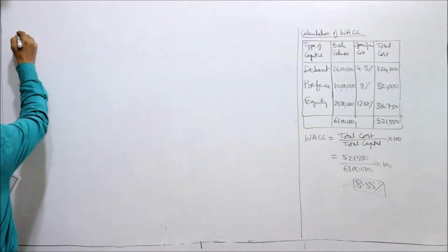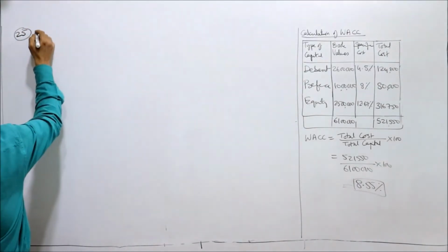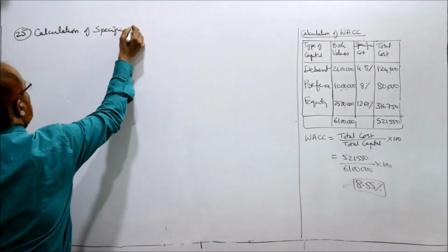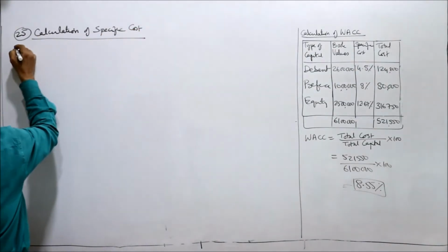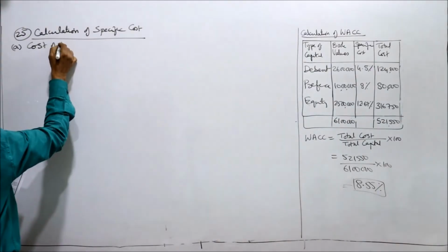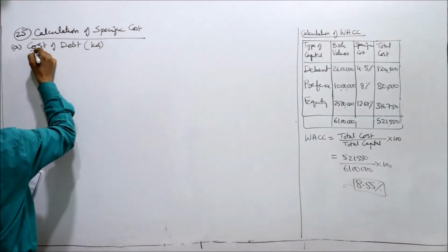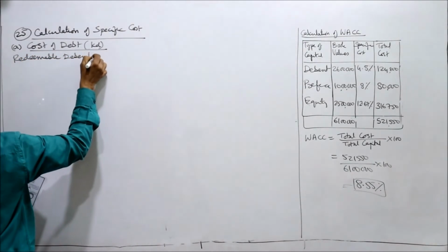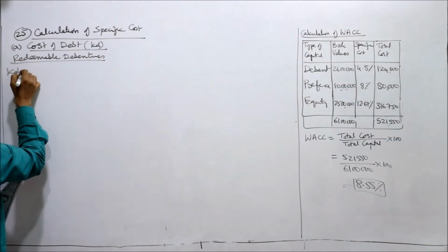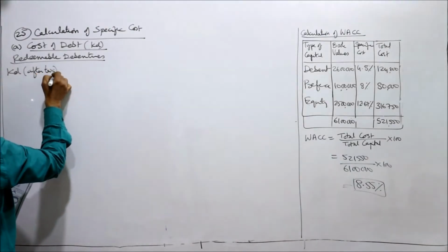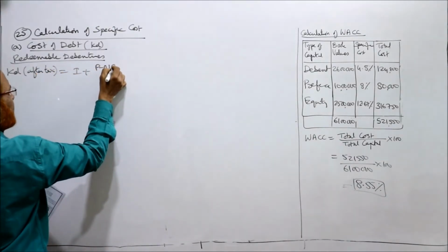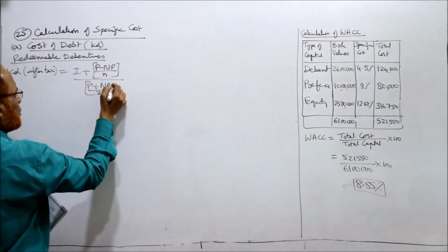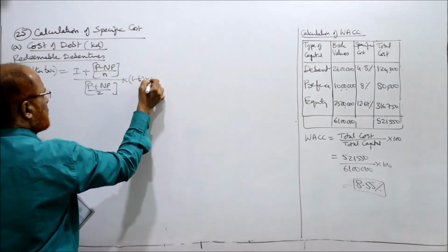Come on, let's start now this 25th problem. Calculation of specific cost. A, cost of debt KD, redeemable debentures. So KD after tax is equal to I plus P minus NP by N, divided by P plus NP by 2, into 1 minus T, into 100.